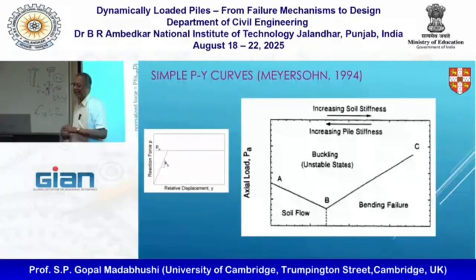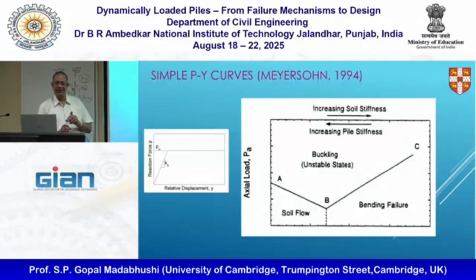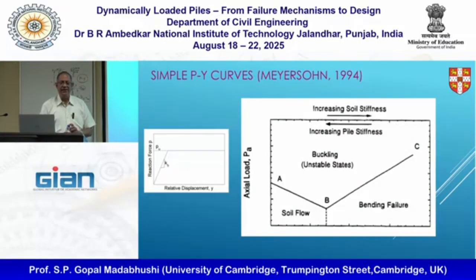And this is quite a good observation that when the soils start to move for the PY curves, initial stiffness can be big. But as they continue to move, it will reduce the force because of lateral spreading, liquefaction, and the rest of it. And then you reach some residual value at the end.